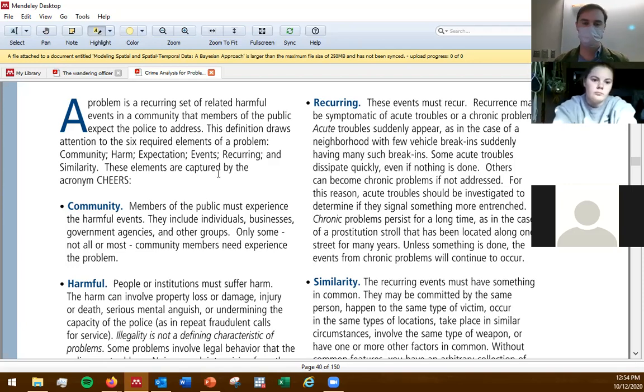I was comparing other crimes, and there were way more robberies and stuff, and crime overall was mostly in that area. Okay. So it's definitely something about the area causing crimes to concentrate there. Okay. So with the CHEERS criteria, you can basically make the case that this is a problem.